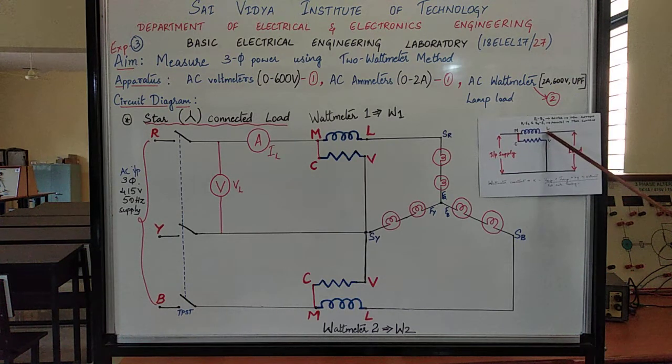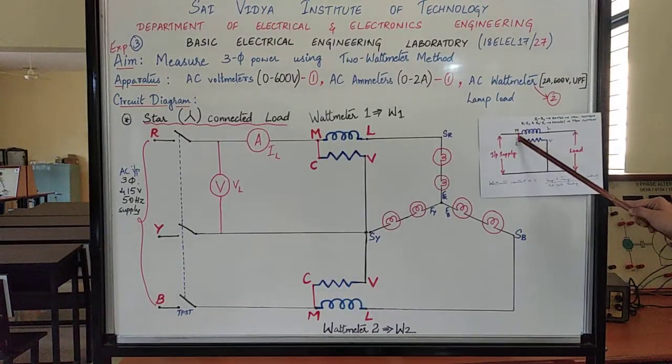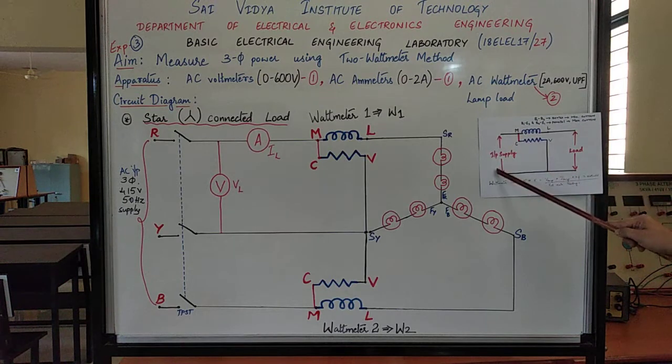So M and L form a current coil. The current coil is always in series with supply and the load. M refers to mains, L refers to load. The M terminal, abbreviated as mains, is always connected towards the supply.